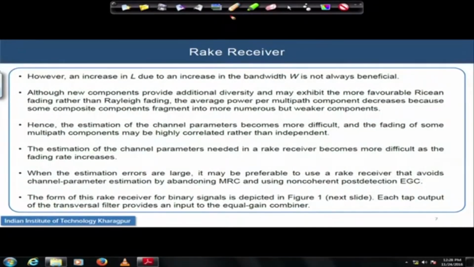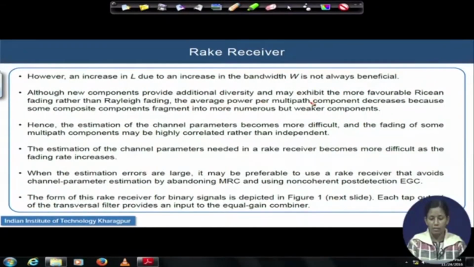So, some new components provide additional diversity in such cases, but they can exhibit favorable Rayleigh fading also, and hence the average power per multipath component will decrease, because some composite components fragment into more numerous but weaker components. If it happens like this, the estimation of the channel parameters becomes much more difficult, and the fading of these multipath components may be highly correlated also.